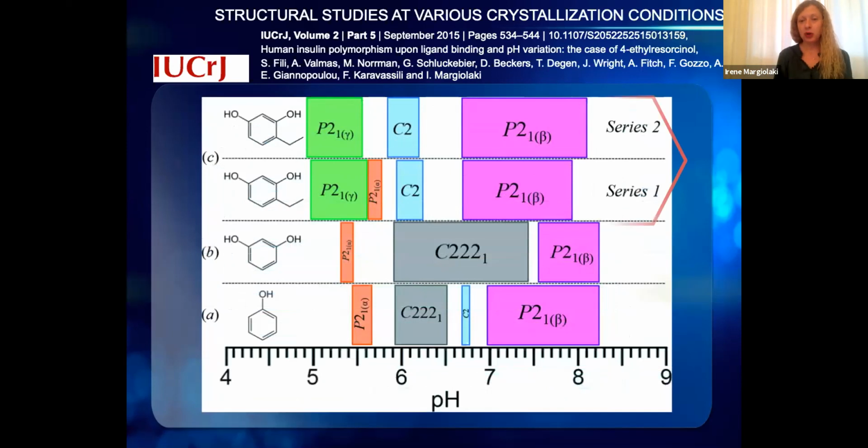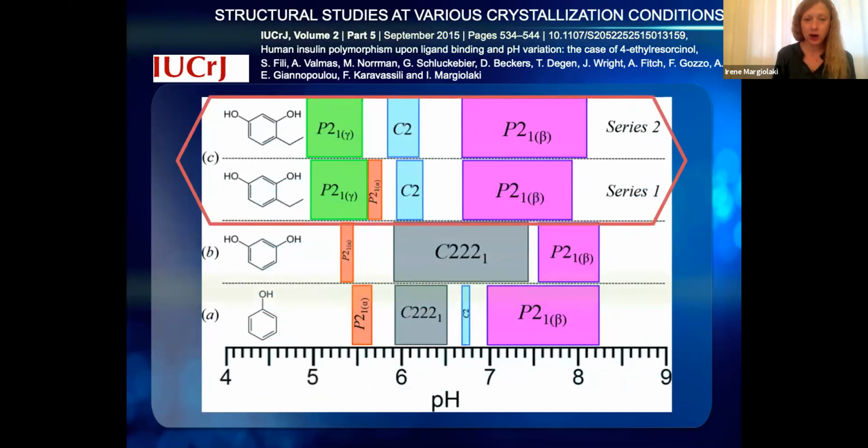Then we did profile analysis, which does not require any structural knowledge. This is our ligand. We repeated the experiment twice, and we saw that with increasing pH, we have 1, 2, 3, 4 different forms, 4 different crystal polymorphs, in fact. The second time we repeated the experiment, we didn't observe this form.